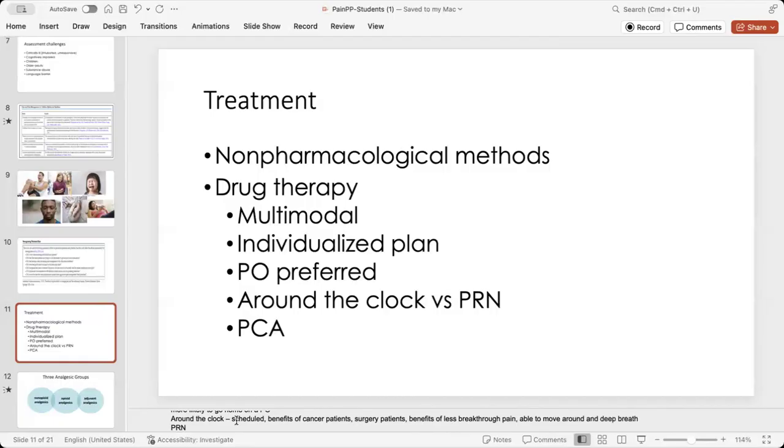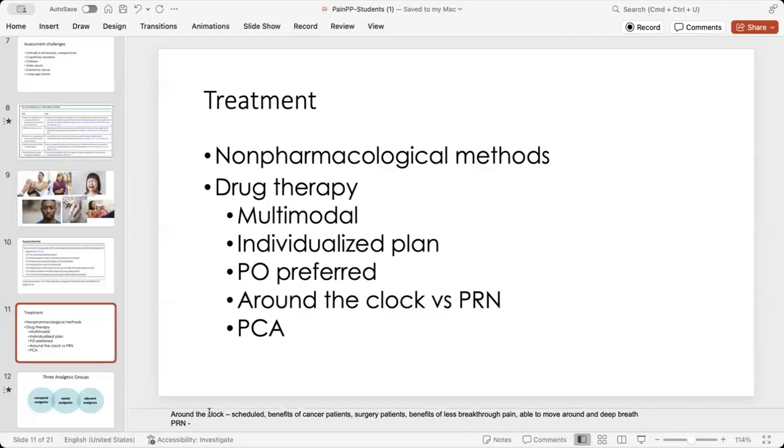What about PRN then? What does that mean? When do we give PRN? We typically give it after surgery if the original scheduled medication isn't enough, so we might add that to the around-the-clock one.